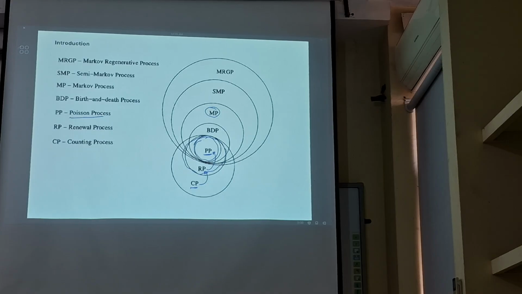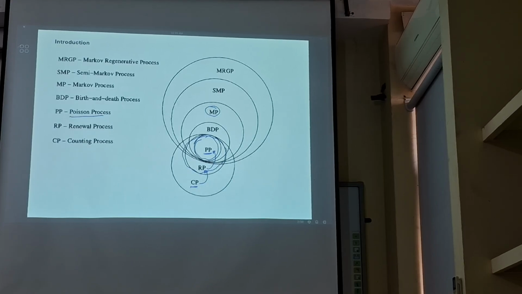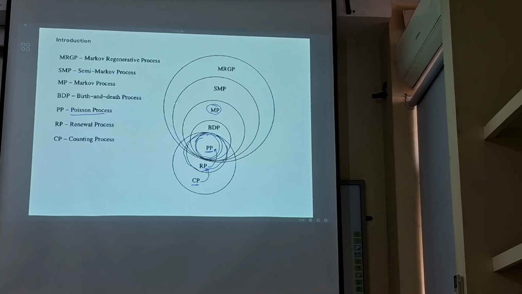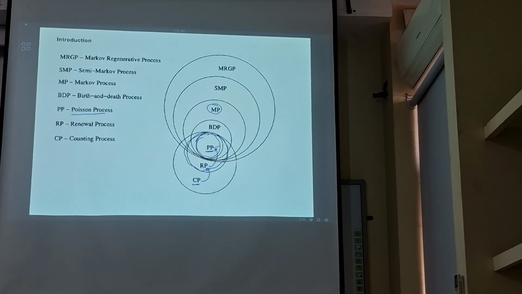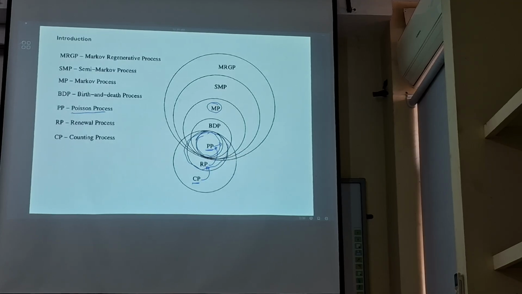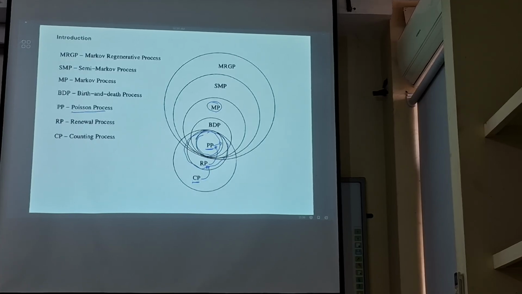Can I now tell what is the speciality of the Poisson process as a counting process? What characteristics actually define it? A Poisson process is a counting process where interarrival times are, right?